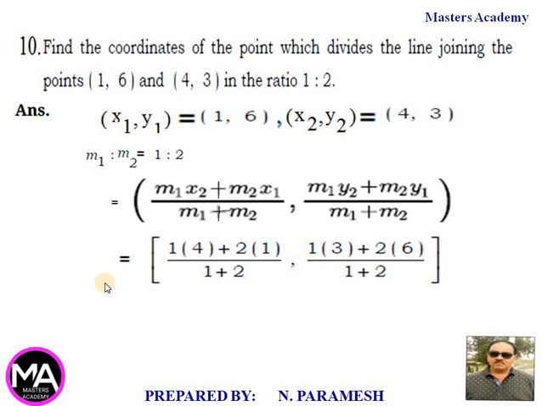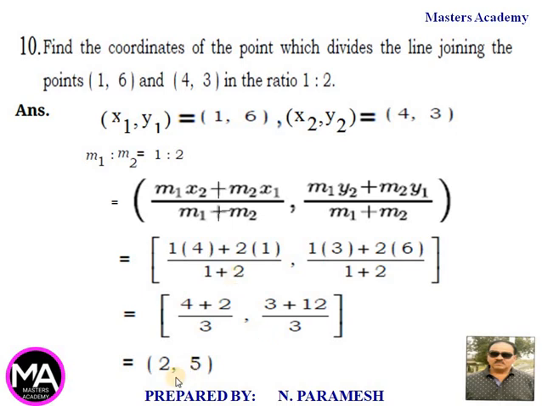Substituting the values, ((1 × 4 + 2 × 1)/(1 + 2), (1 × 3 + 2 × 6)/(1 + 2)) = ((4 + 2)/3, (3 + 12)/3) = (6/3, 15/3) = (2, 5).